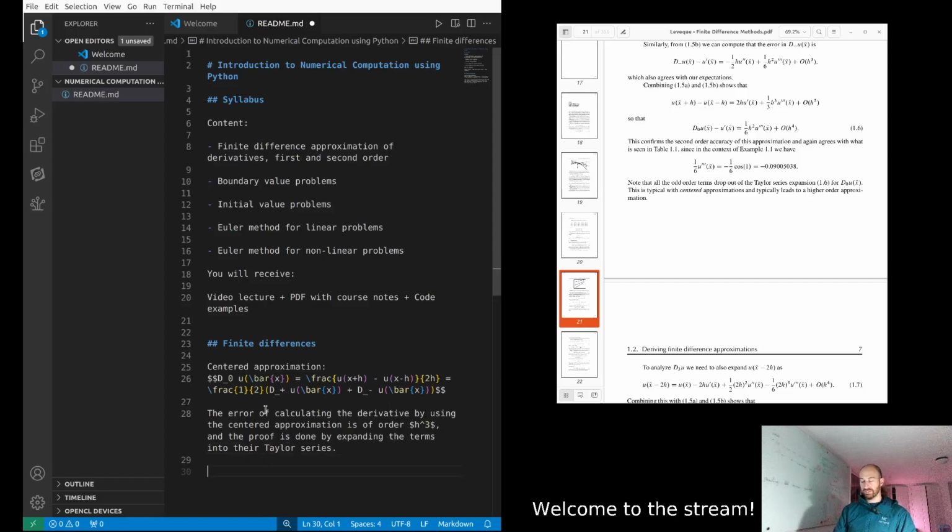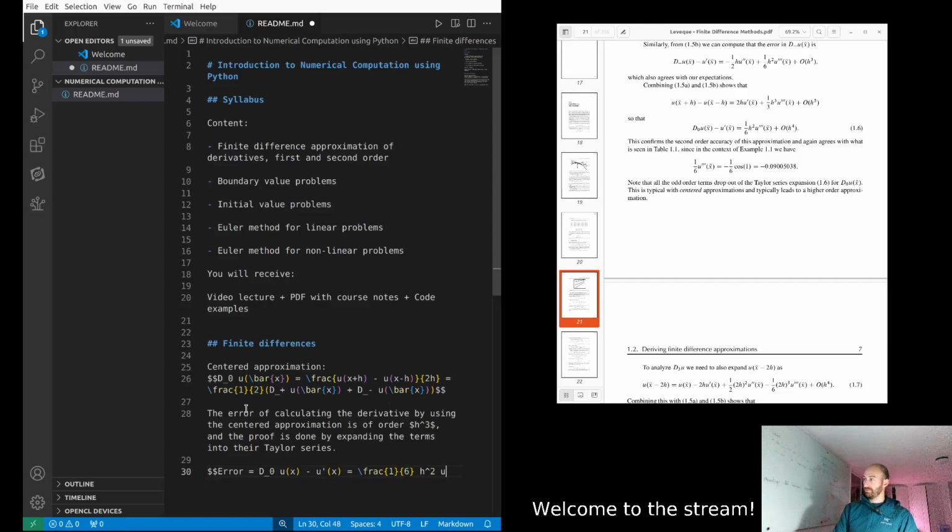We're not going to do that since these notes are supposed to be cursory, but I'm going to write here that the error, which is equal to d sub 0 of u at the point x minus u prime at the point x, is equal to, and we have here the equation, 1/6 of h squared, and it's proportional to u double prime.